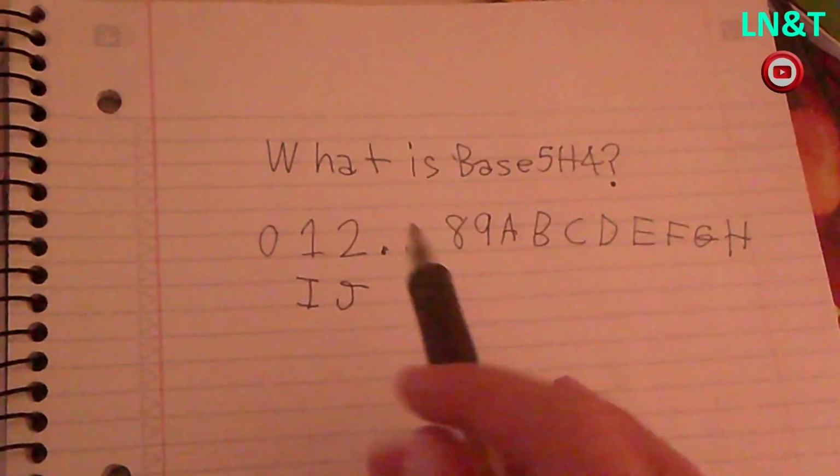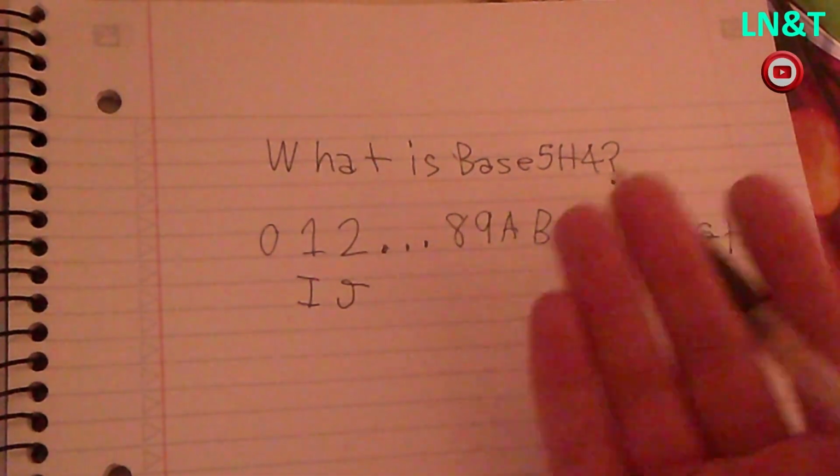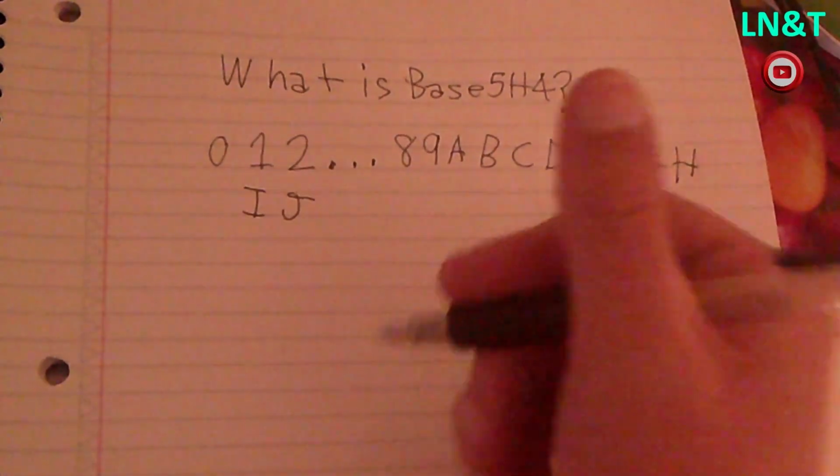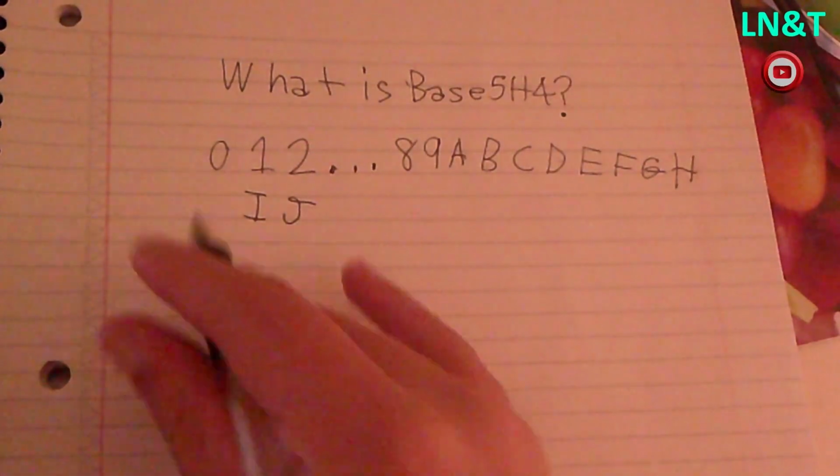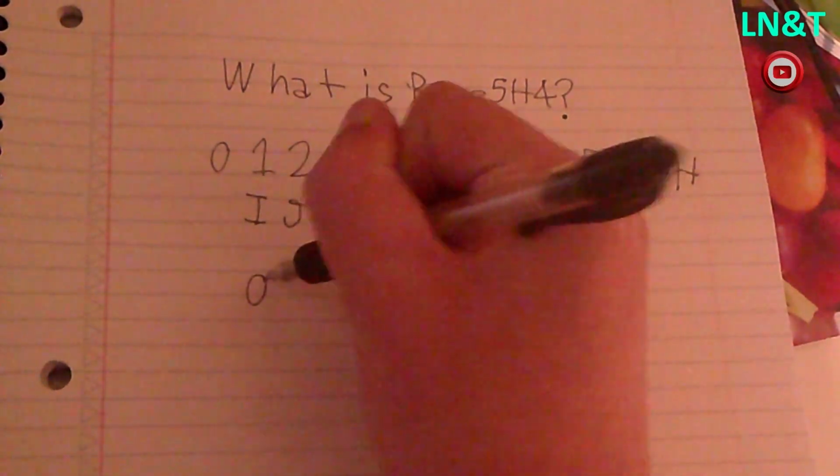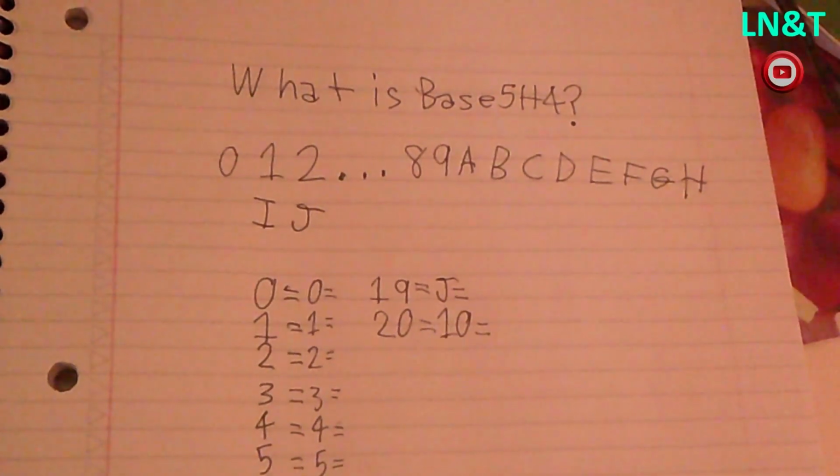How would this be represented? Well, let me show you here. Everything in this order, so let's just do 0 to 20. Let me pause it and write all these down, please. Alright, so I got everything written down.